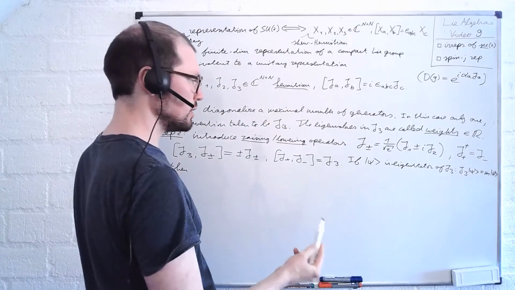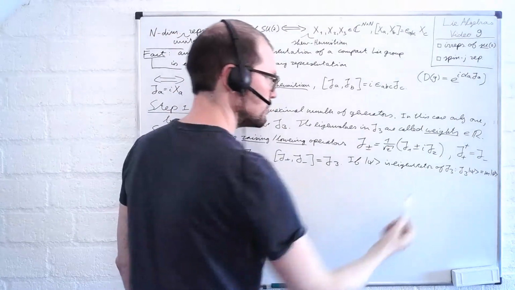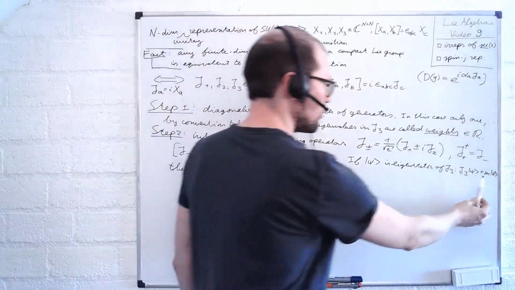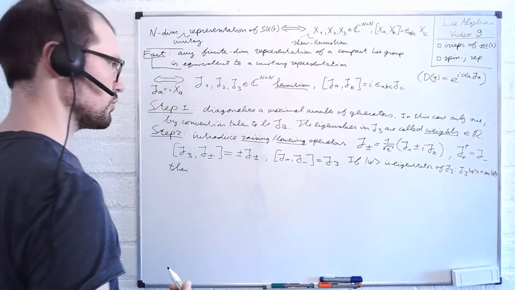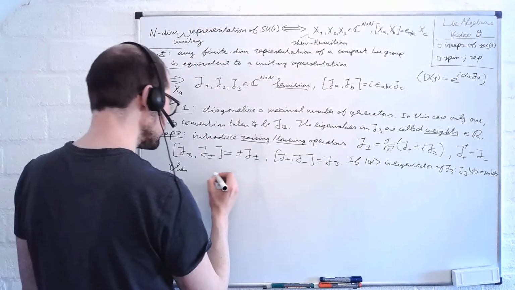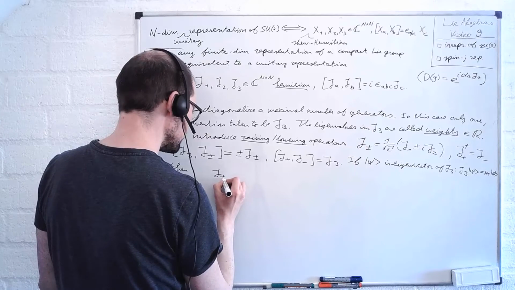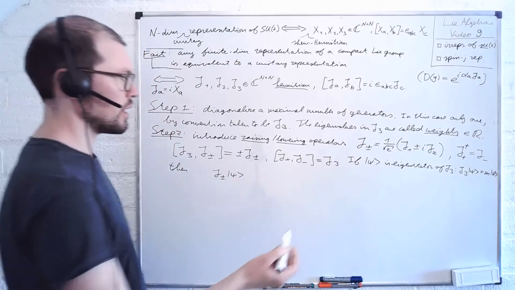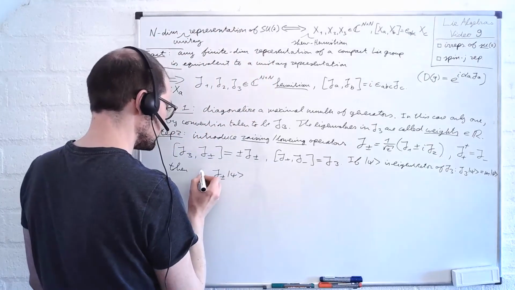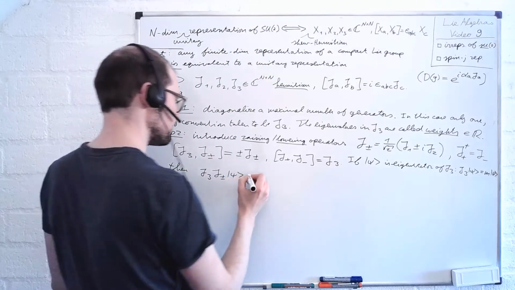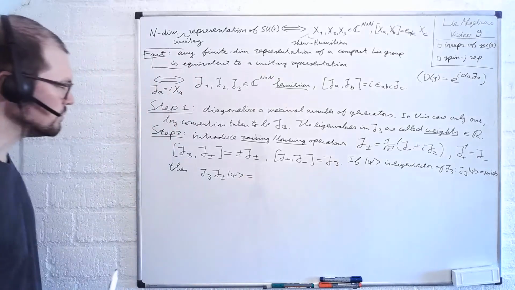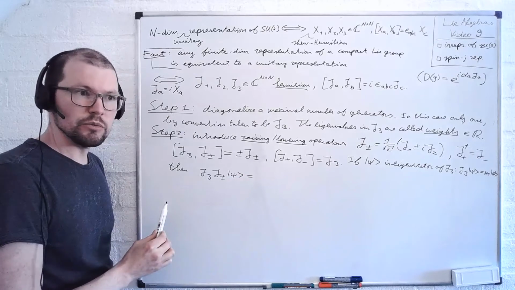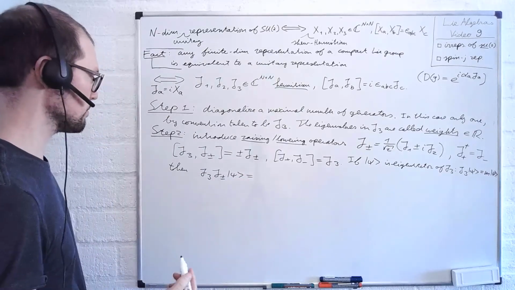then I can apply J plus minus to this eigenvector, and the claim is that it's again an eigenvector, but with a weight that I shifted. So let's check this. We're going to apply J plus minus to psi, and then see what happens when I act with J3 on this. Of course what we're going to use is this commutation relation between J3 and J plus minus.